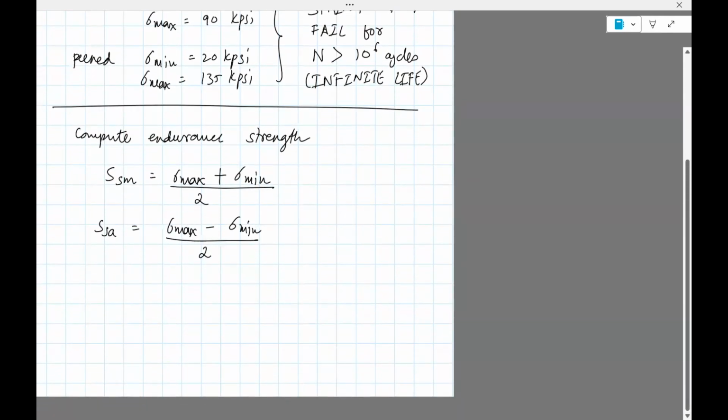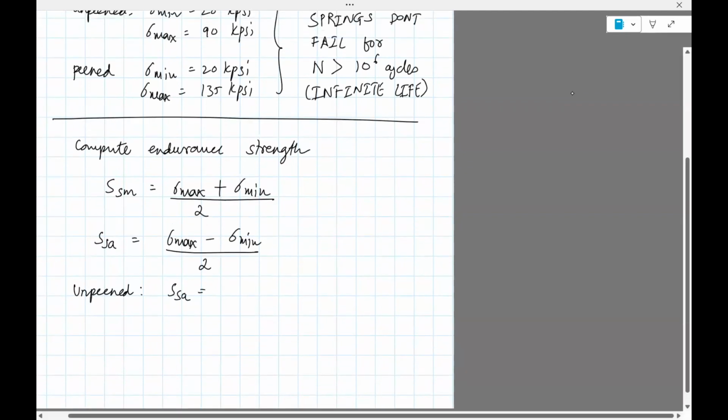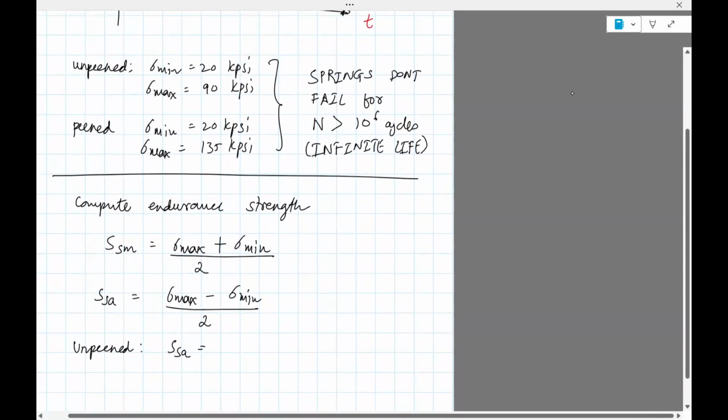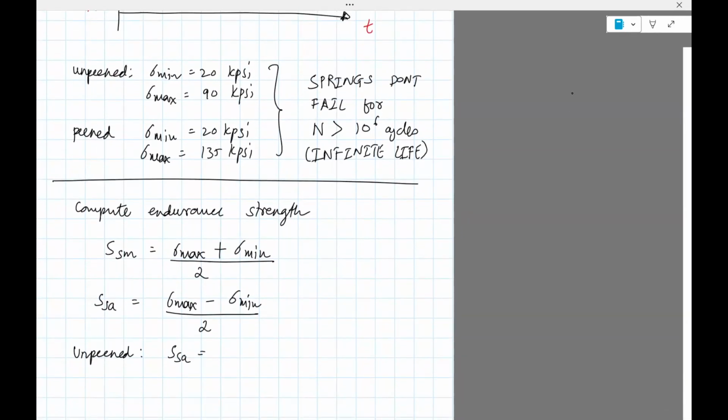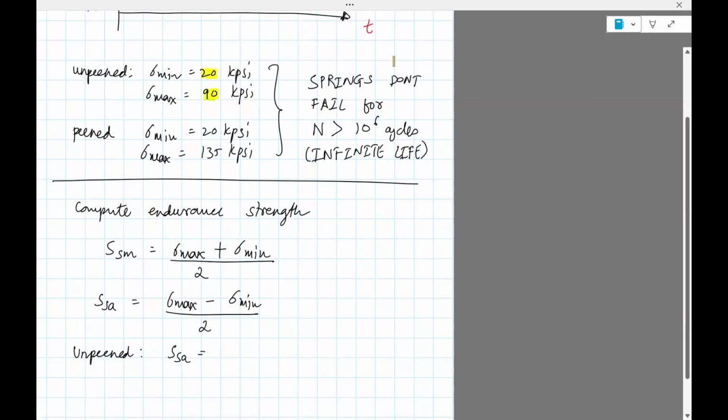Okay, so using this formula, we can compute the values for SSA for unpeened ones. All you have to do is substitute these values. We have these values, 20 and 90, in this formula for sigma max and sigma min, and then we have SSA and SSM for unpeened and peened.